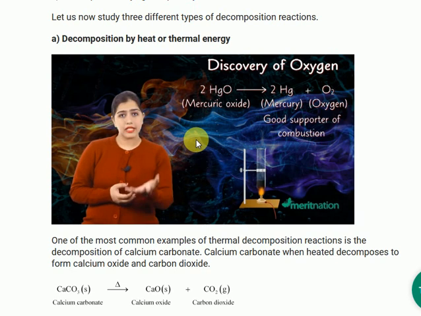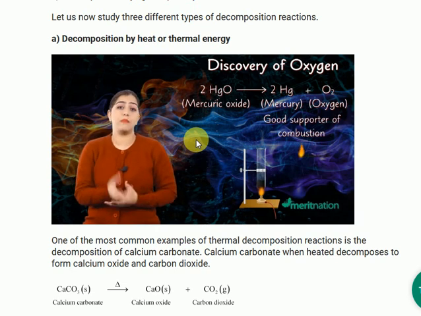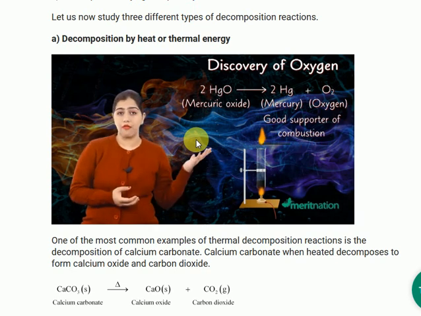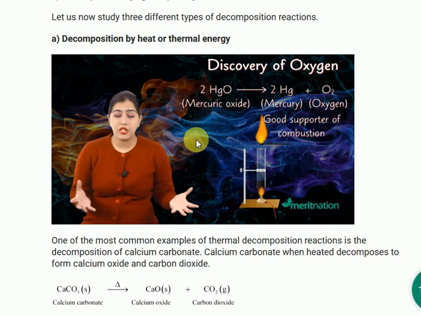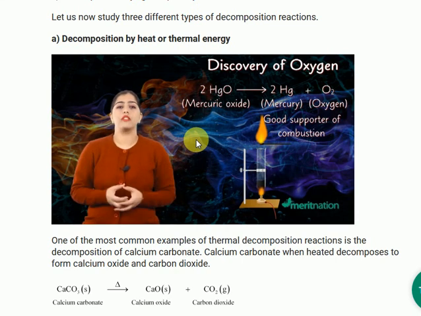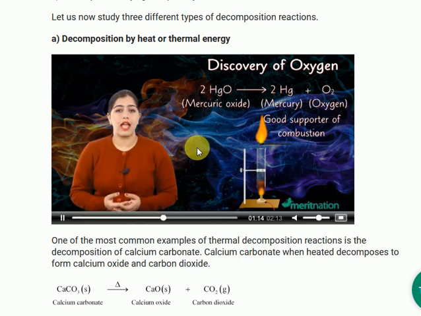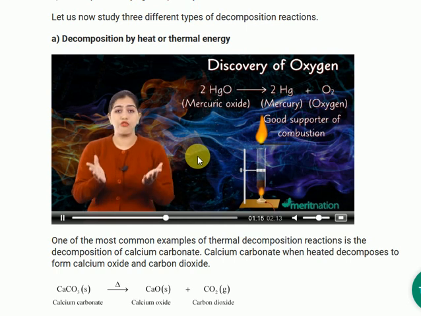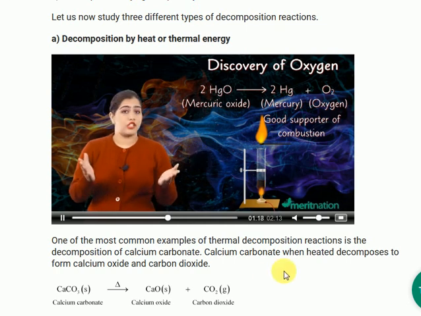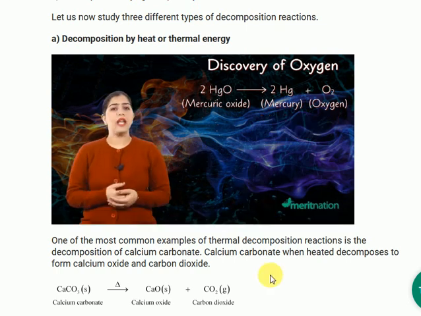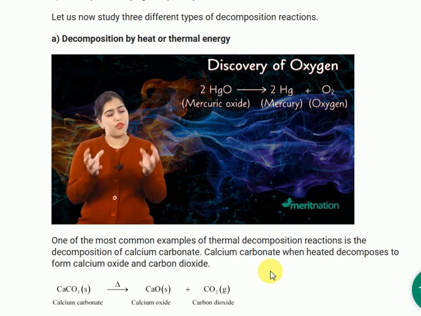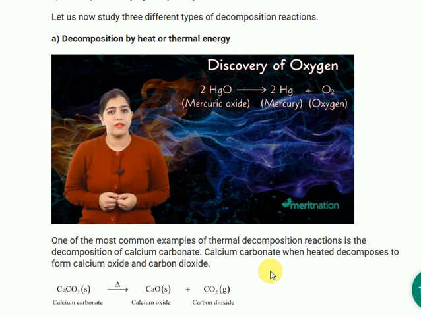So to test it, he brought a burning splinter near the evolving gas. And what he observed, that the flame of the splinter increased, and thus he could prove that oxygen gas was being evolved. Now, did you notice one very essential thing for this reaction?